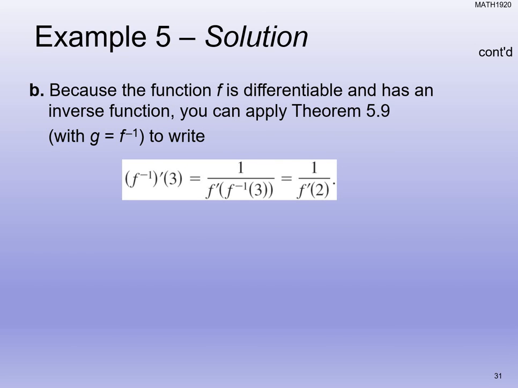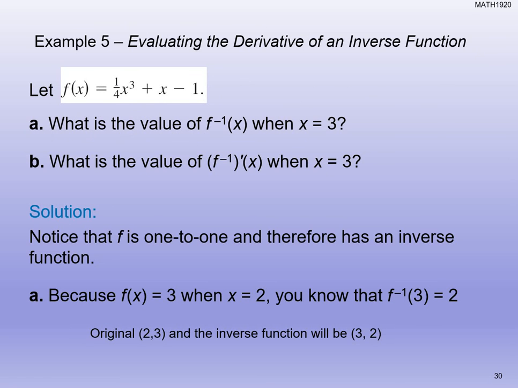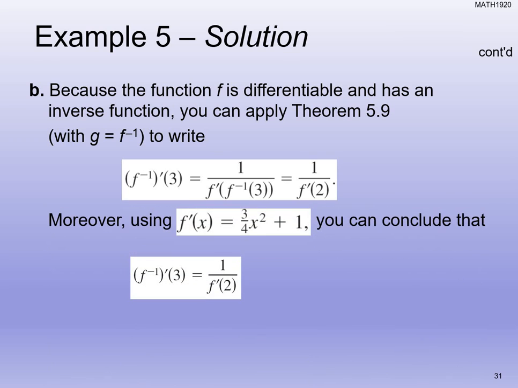You have to take the original function and take the derivative of it. So you're going to get 3/4 x squared plus 1. Okay, so we're going to substitute 2 into 3/4 x squared plus 1. Okay? So very simple here. All right? Substituting in everything, we get 1/4.